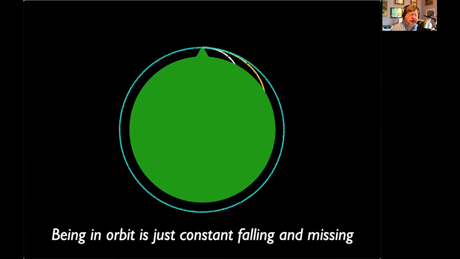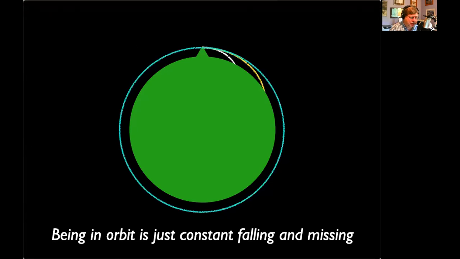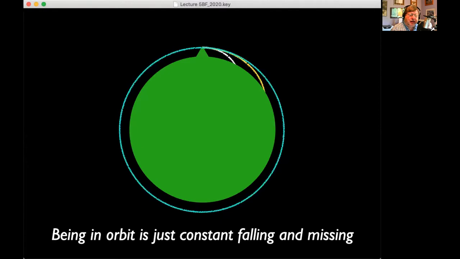The person who figured that out was Isaac Newton, who couldn't possibly have had access to technology to bring this into fruition. So it was just an amazing coup for him to theoretically understand the concept of orbits.